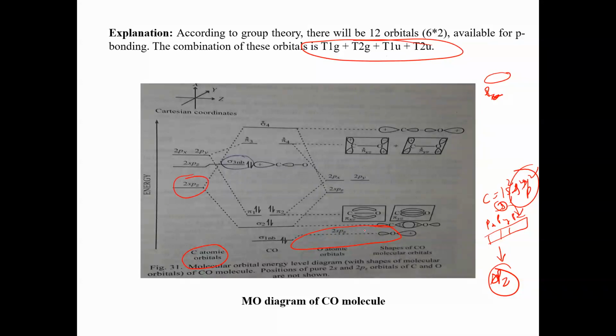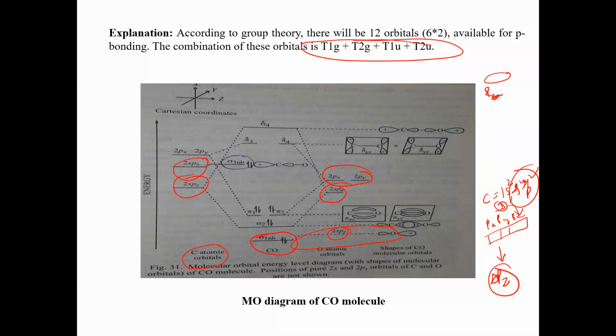So one 2sp is here, the other is here. Because the energy gap between this and this one is very large, it will remain as a non-bonding orbital. And apart from that, 2px, 2py and 2pz, these orbitals are combined and hybridized orbitals are formed, and thereafter they combine with each other.